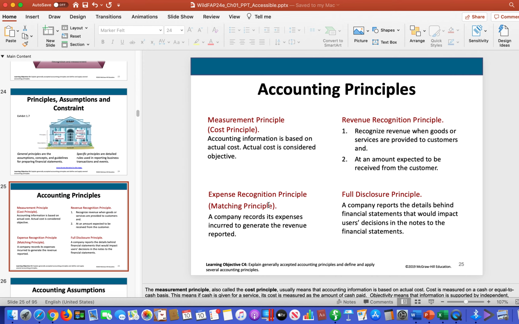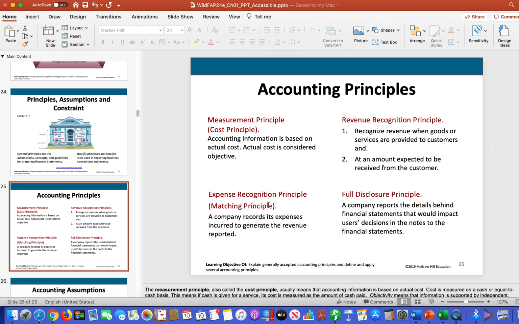See, sometimes companies try to get away with, okay, I have $100 sales here, and wow, I had $90 worth of expenses, but some of those expenses I'm going to include in February. No, you got to match the expenses with the revenue. January sales should include January expenses.